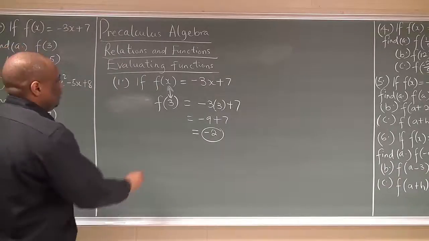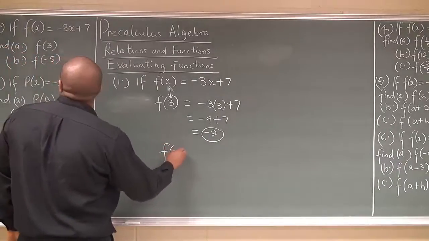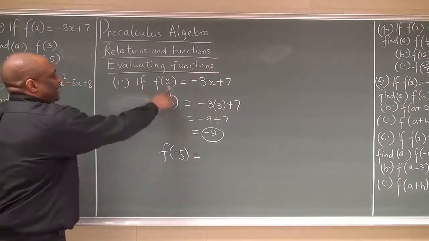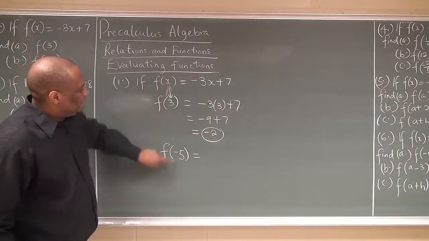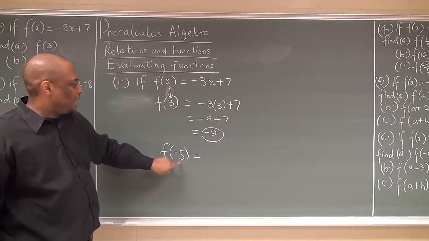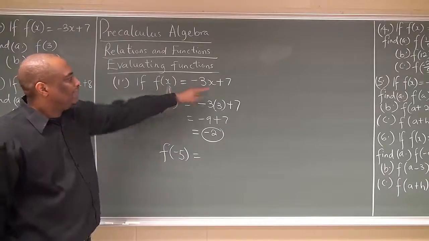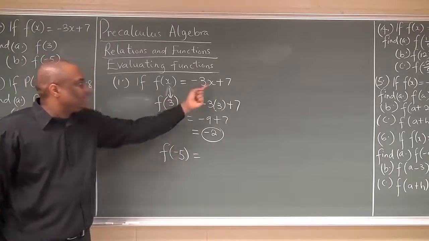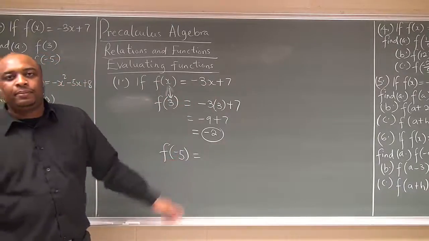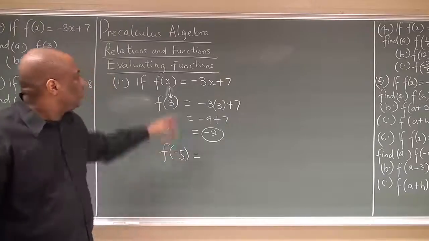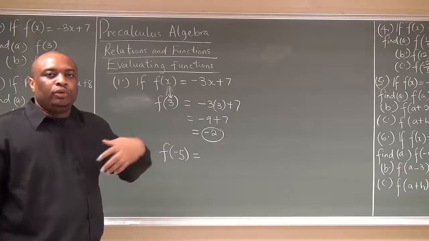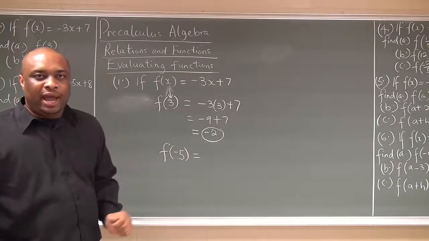Then you are asked to find f of negative 5. Here, this means that wherever you see x, you replace with negative 5. This is the rule of the function, and you're asked to evaluate this function for negative 5. So that means that wherever you see x, you put negative 5.